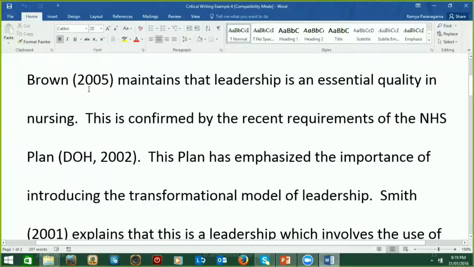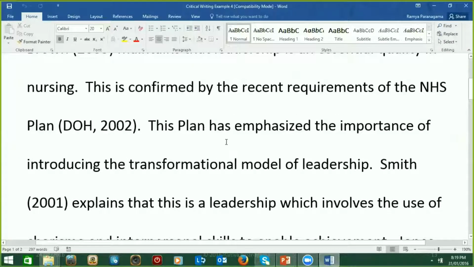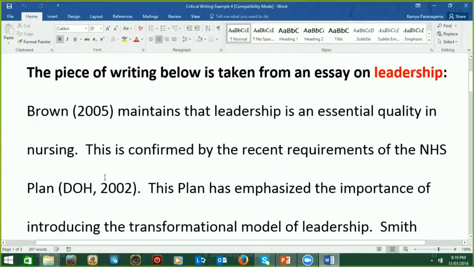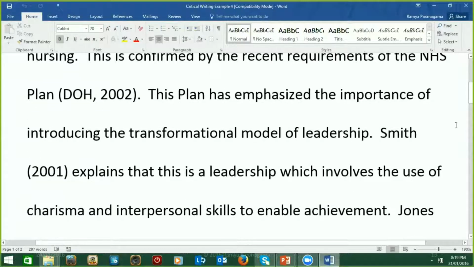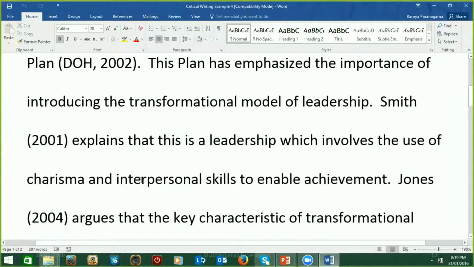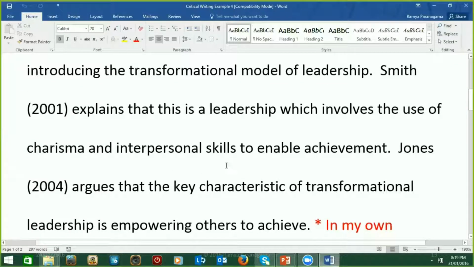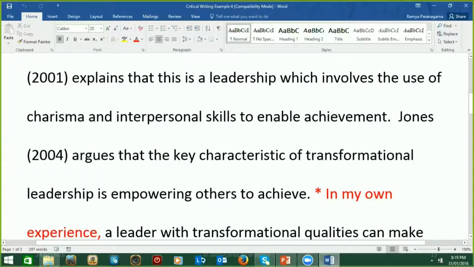Then what was said is confirmed by another source. Then another quote is brought up, and the third sentence is the writer's own view. That's fine, based on the first two. Then Smith 2001 explains, bringing in another author, and then a fourth one, Jones argues.